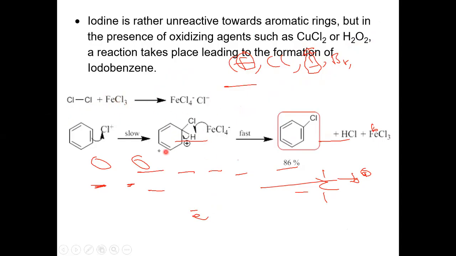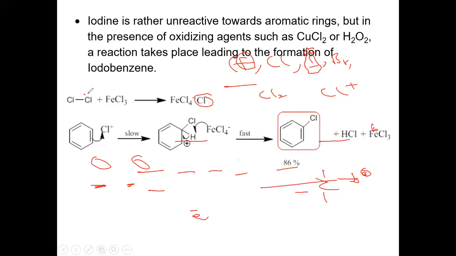So in the first step now, what is happening here? I'll just throw light on the reaction mechanism a little bit. If you can't understand the mechanism, just know that if you react chlorine in the presence of FeCl3, we'll get an electrophile out of the chlorine. The chlorine is a Cl2 molecule with no charge. But for us to get the electrophile, which is the Cl plus, you have to use the Lewis acid. The property of Lewis acid that makes it reactive is that they have an empty orbital, so they can accept electrons.